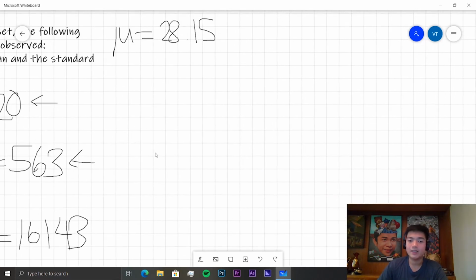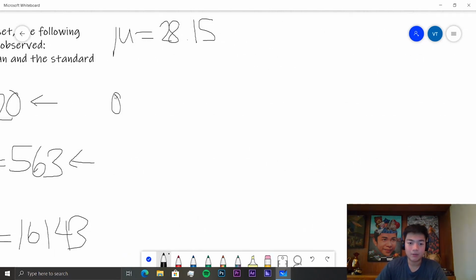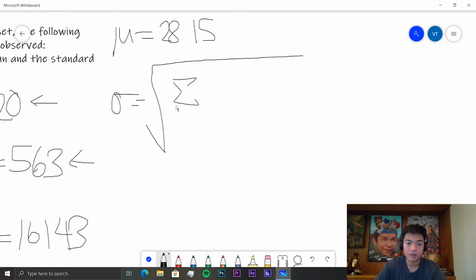Now next, the standard deviation. So we need to find the standard deviation, and this is a bit harder. So we know this is equal to the sum of the terms from 1 to n of x minus the mean squared over n.